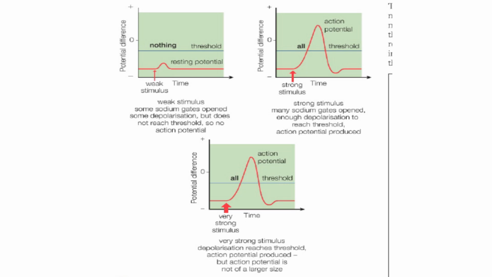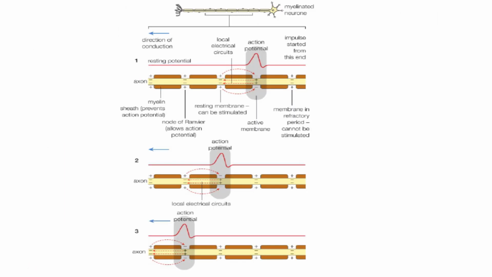So what is going to happen is that the sodium potassium pump is going to push all of those sodium ions outside, and as it pushes them outside, the charge inside the membrane of the nerve will start to slowly come back to negative again.